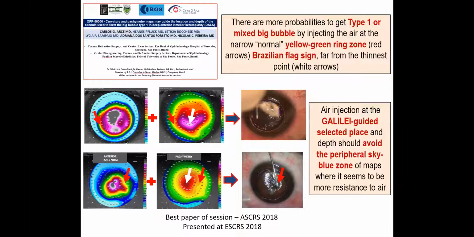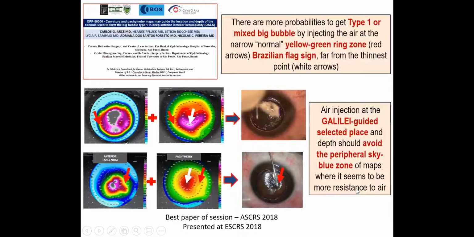We have almost 100% big bubble type 1 or mixed when we inject far from the thinnest point and in the yellow-green area of the pachymetry and the tangential map like this.